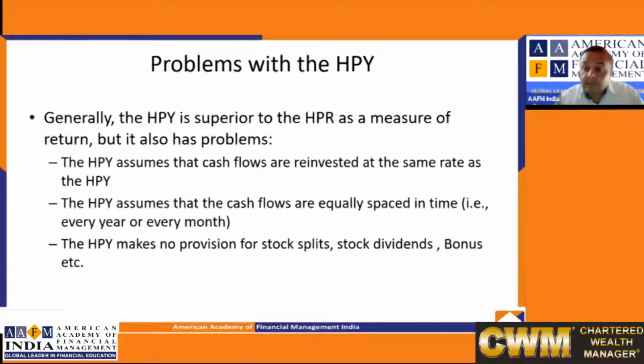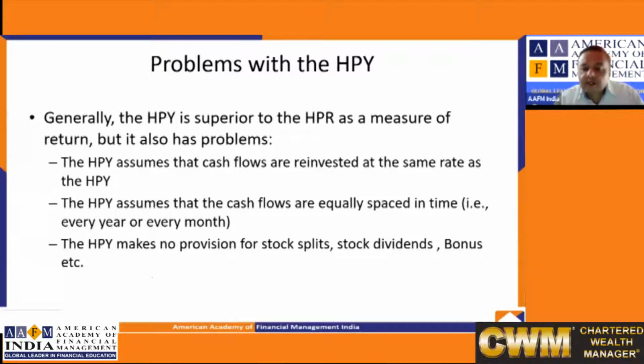The first and major problem is that IRR assumes that all intermediate cash flows are reinvested at IRR, right? Second, it assumes that you have held the investment till maturity.